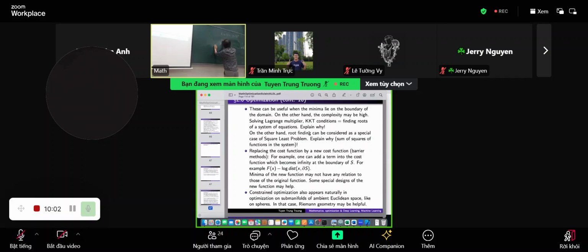We have a symmetric matrix A, and then we want to find the eigenvalue and the eigenvector x, so that it is the smallest eigenvalue of A. Then you can state it in terms of constrained optimization: you want to find the minimum of this function, the inner product of Ax and x, with the constraint that the norm of x equals 1.